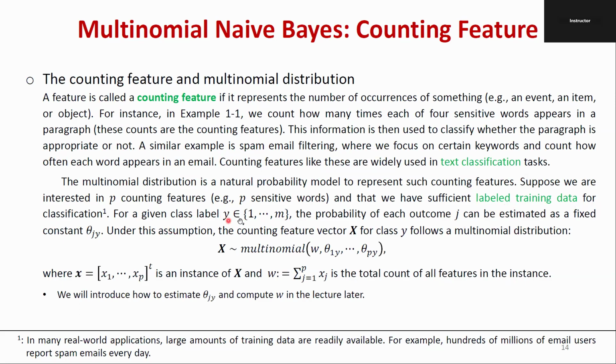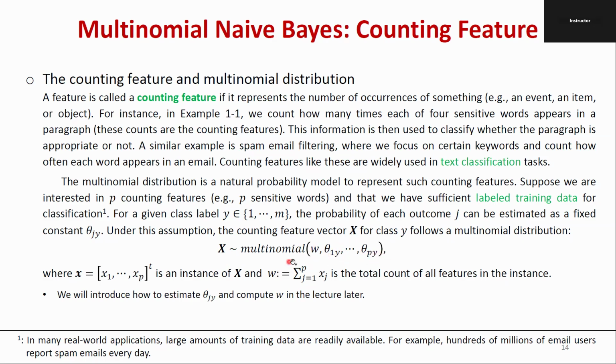Then for a given class label, the probability of each outcome j can be estimated as a constant, theta_jy. This j means the jth outcome, and y is the class label. Under this assumption, naturally, we can assume the feature vector x follows a multinomial distribution with these parameters.